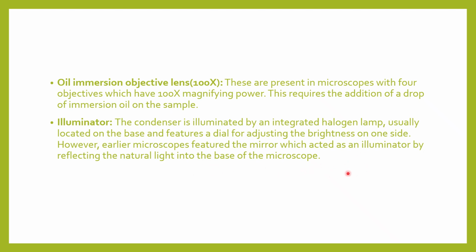Yes, so there will be an illuminator, which is nothing but a halogen lamp. Most normal compound microscopes will also have a mirror. The natural light enters this mirror and gets reflected. That is a natural source of light. And now most microscopes also have a halogen lamp as an illuminator.